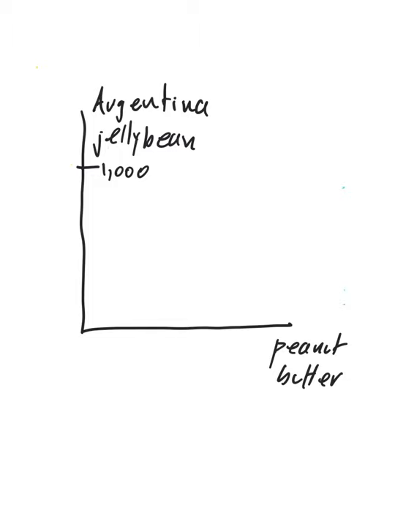Now, when it comes to peanut butter, Argentina needs 3 hours to produce a pound of peanut butter. So the intercept on the peanut butter axis is going to be different, and you figure it's got to be different on the horizontal axis because otherwise Argentina would have the same PPF as Chile, and if it was the same, then there'd be no reason to trade.